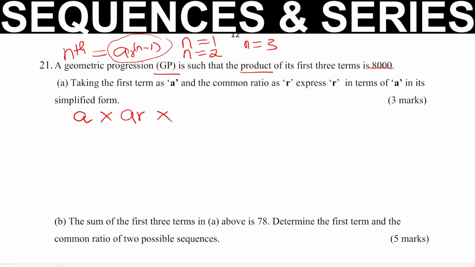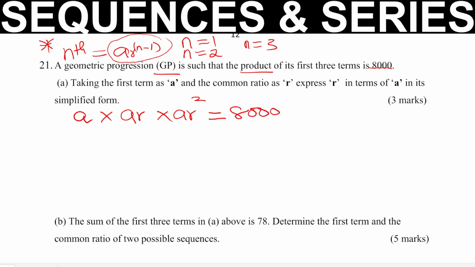Then the third term is when n is 3. Remember, we're using the nth term to write the first, second, and third terms. When you substitute n as 3, you get AR squared. When you do that product, you should get 8,000.